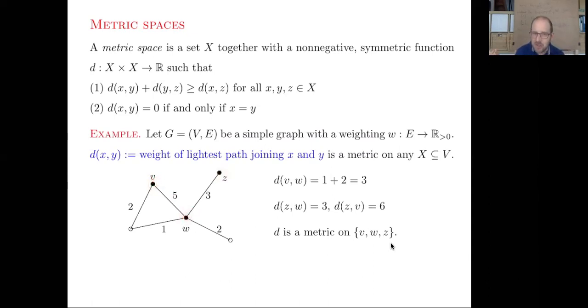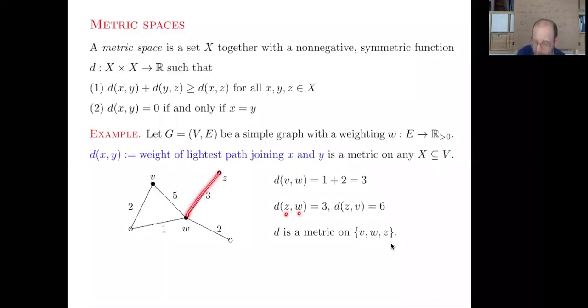So on this set Z, V, W, I have a metric given by this graph, right? The distance of V and W is 3, because V and W, the shortest path is this, okay? The distance of Z and W is 3.